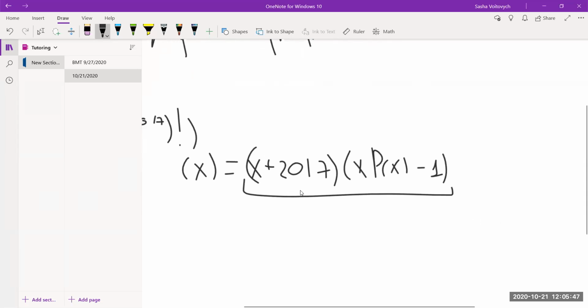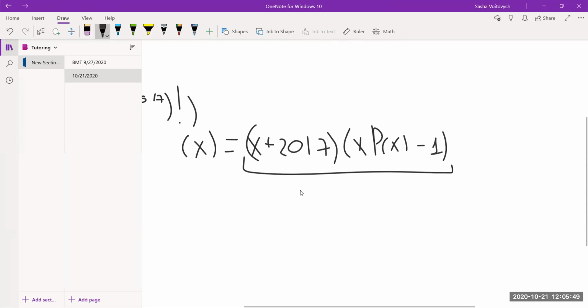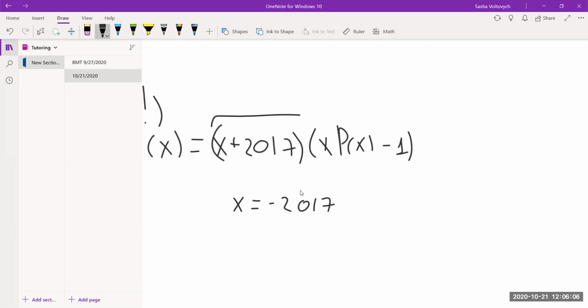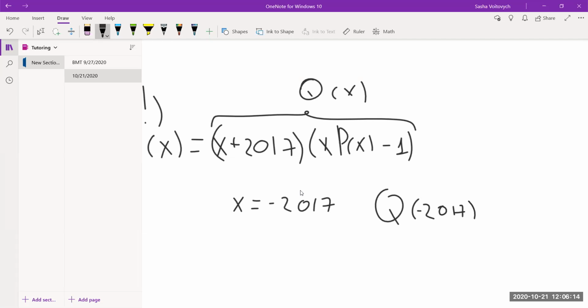We just note that, since it has a term x plus 2017 in the beginning, x equals minus 2017 is a root of this. So if we label this guy as qx, we know that q of minus 2017 is 0.